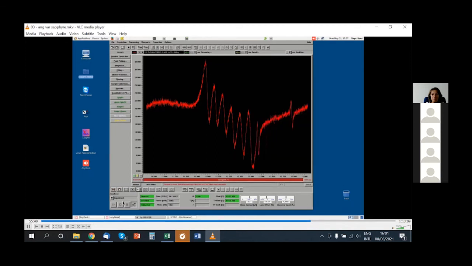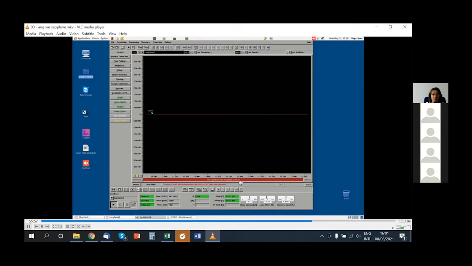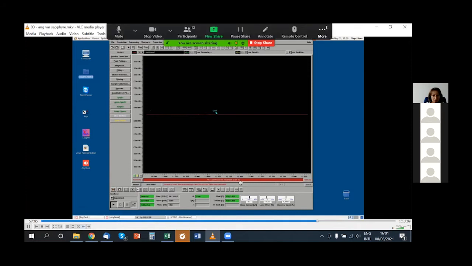And if you remember, if you scan 4 times, you will see an improvement of the signal to noise ratio of 2 times. And I will do it even faster now, because 4 scans is quite long.